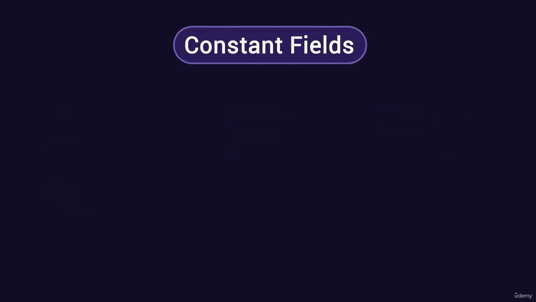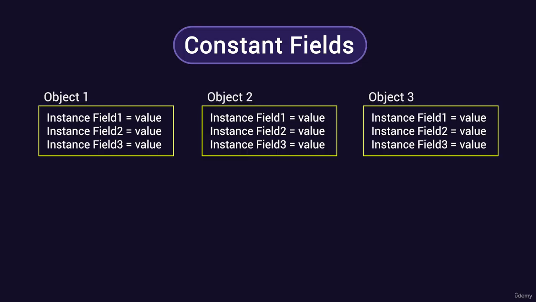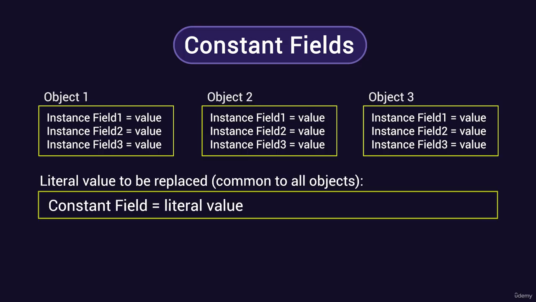You have common data that belongs to all objects. At the same time, it is a fixed value, you don't want to change it later. In that case, you have to use constants. For example, you may not want to change the value of the college name field. In that case, use a constant.